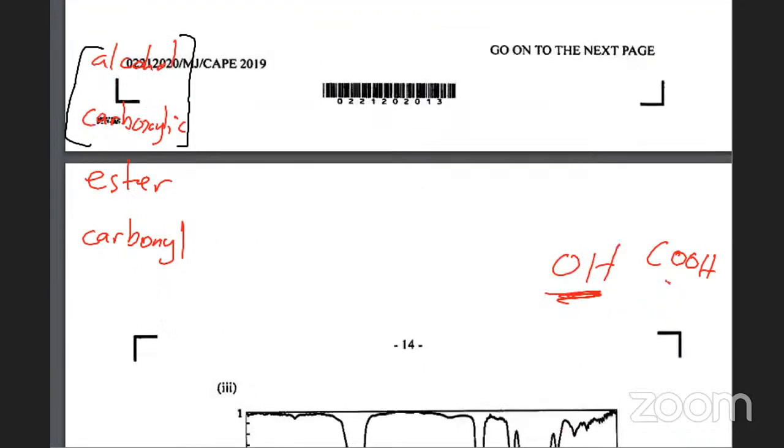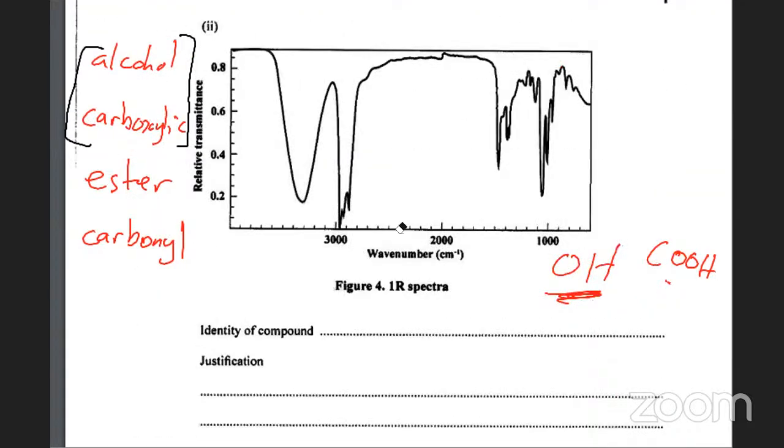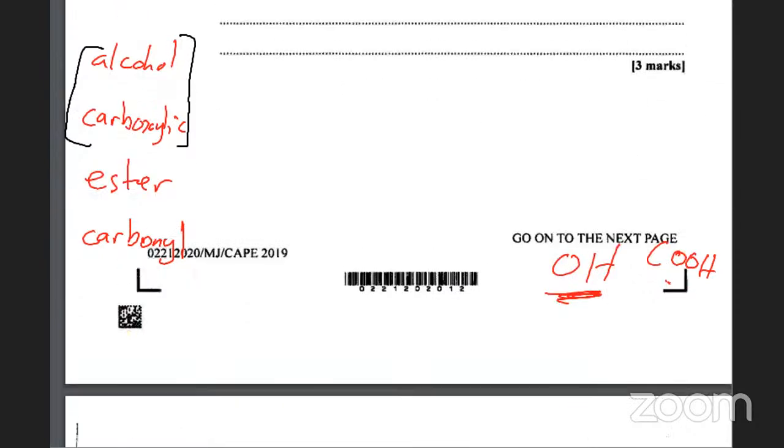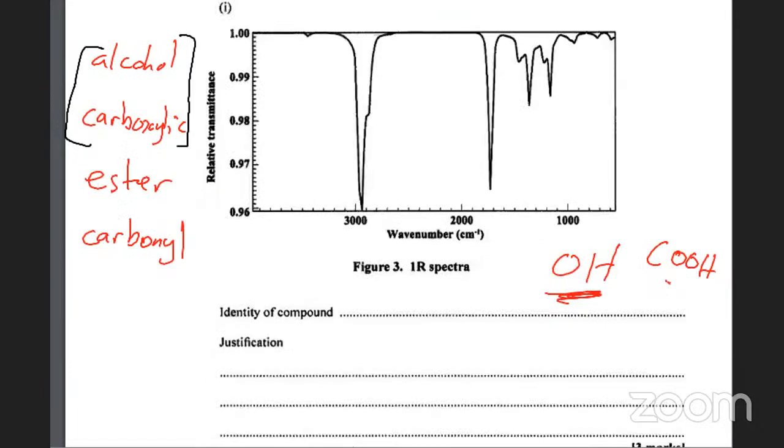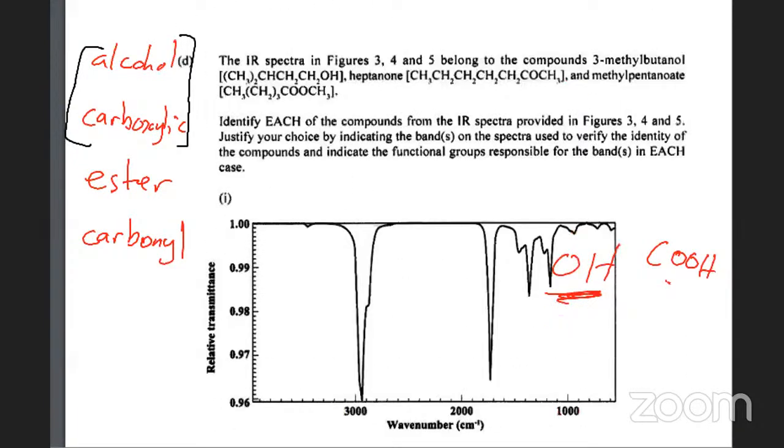Just don't have any OH. This one, as you can see now, this is your OH peak. I wanted one with an acid, but it's not there. I will post one with a carboxylic acid in the morning.